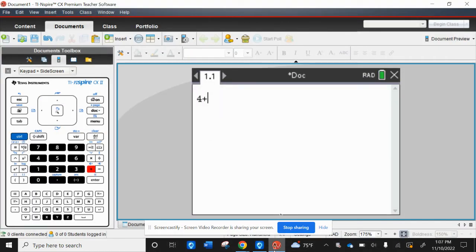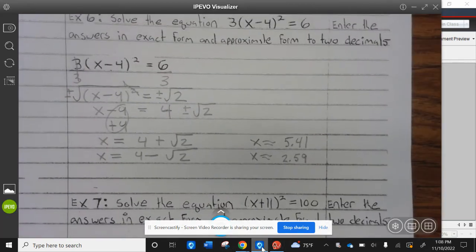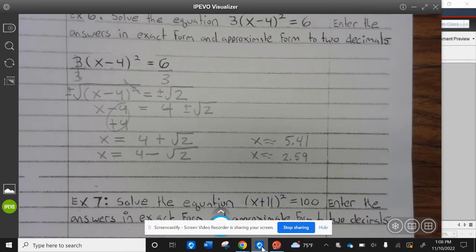So 4 plus square root of 2, and 4 minus square root of 2. So that's 5.41 and 2.59. All right, go ahead and finish up example 6.